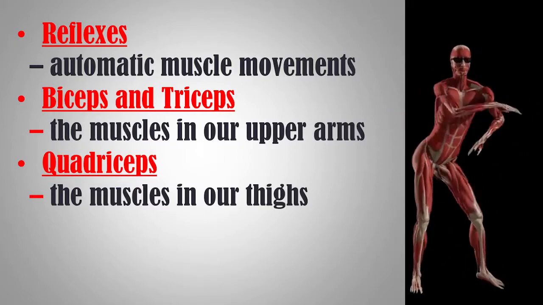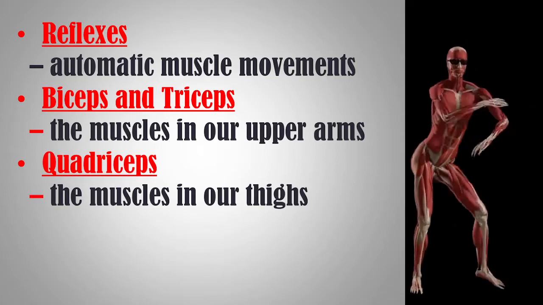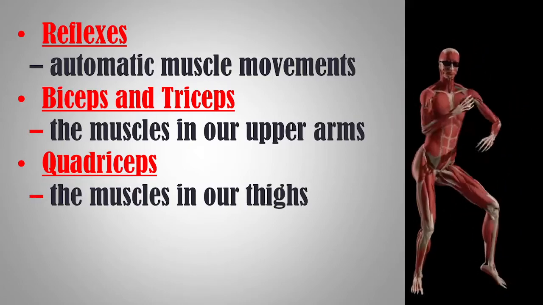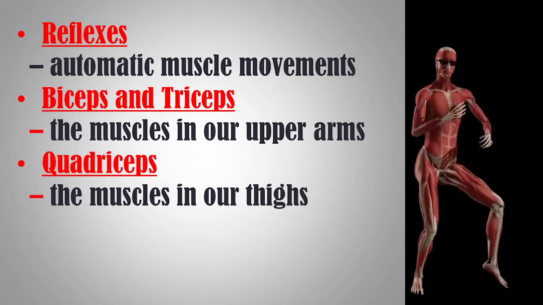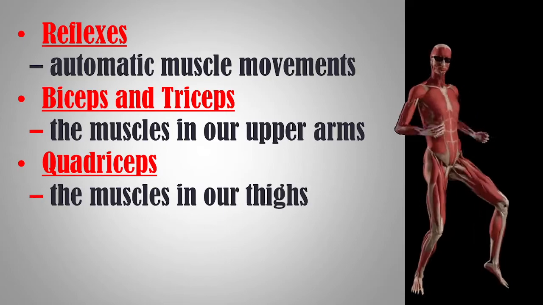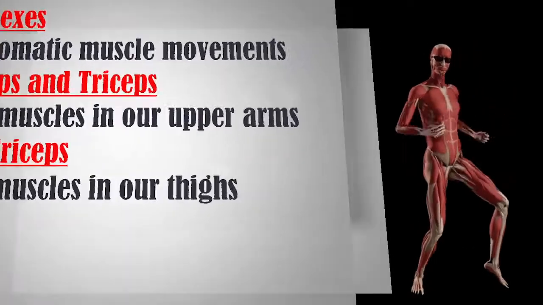These are the muscles found in our upper arms. And the quadriceps are the muscles in our thighs. We call it biceps because it is a pair of muscles. Then we have triceps because there are three muscles in there. And quadriceps because there are four muscles in our thighs. Okay, next.